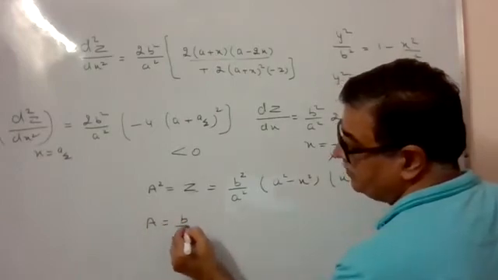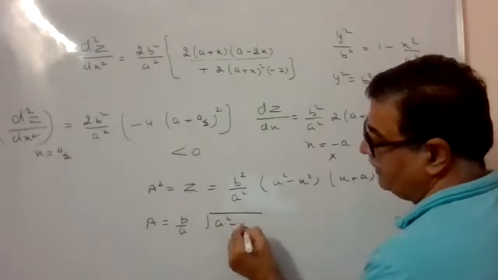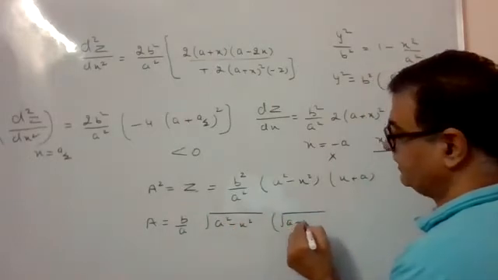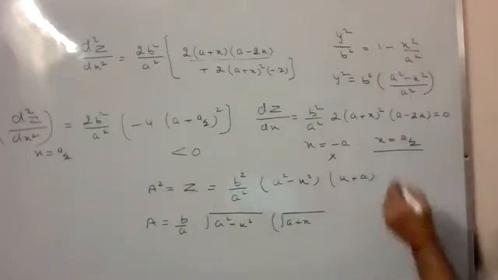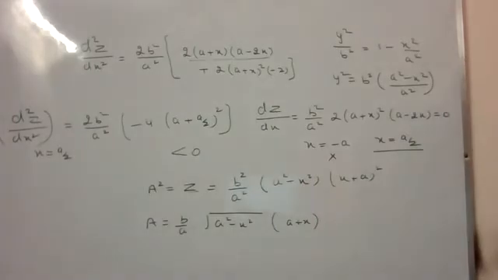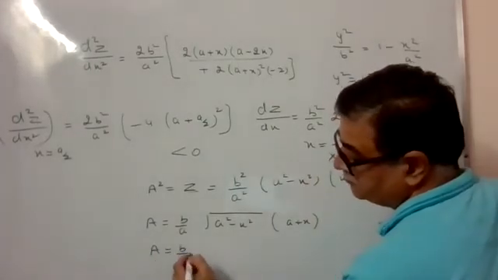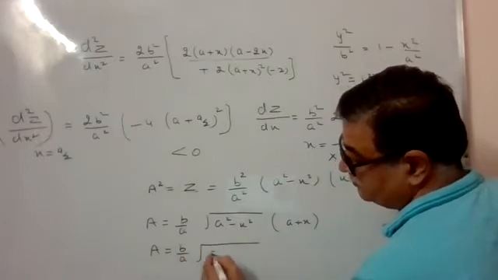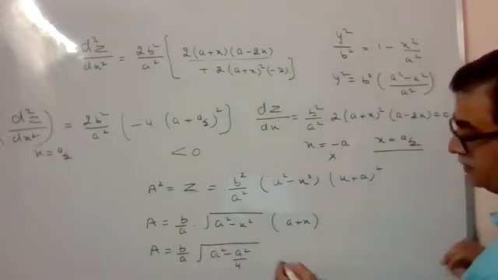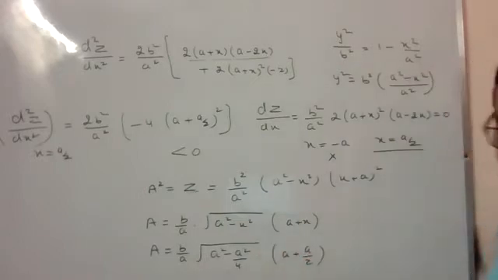Area we have b by a under root of a square minus x square into under root of a plus x. Sorry, it was whole square, so it is simply left a plus x. And x we have a by 2. A square minus a square by 4. This will be a plus a by 2.